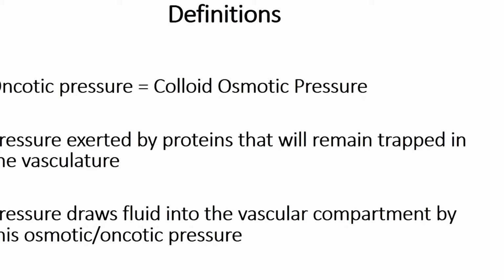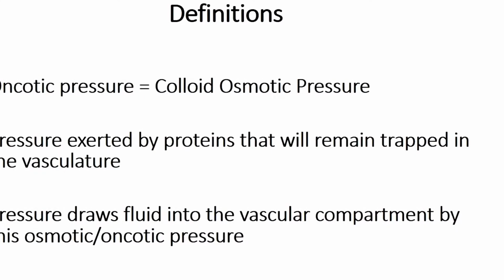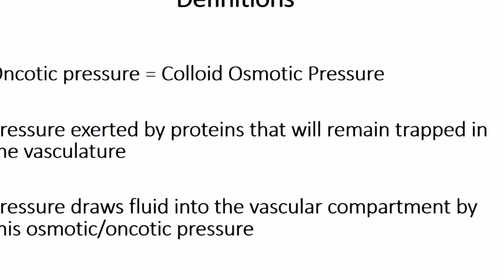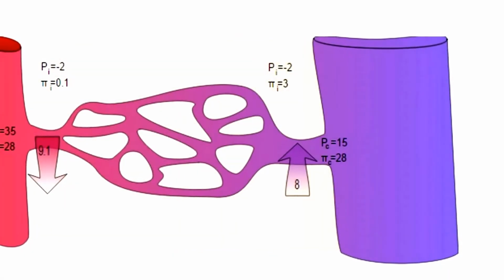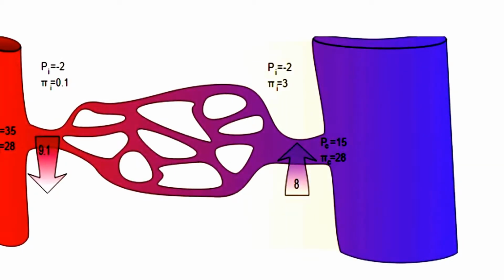So let's look at an example of this, and let's look at this image of a capillary bed found between, at its proximal end, an arteriole, and at its distal end, a venule. And so what you'll see within this actual capillary bed are two competing forces. That of the hydrostatic pressure, that is the pressure exerted by the presence of fluid within the actual capillary.